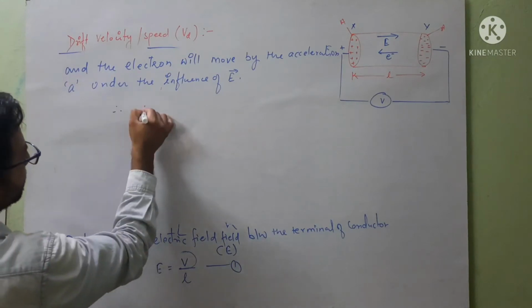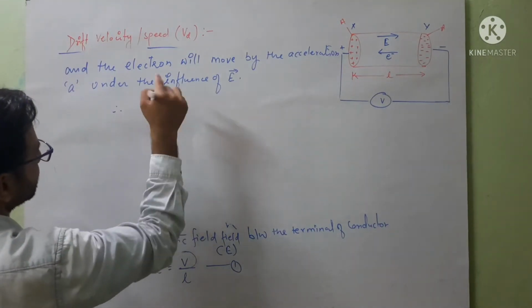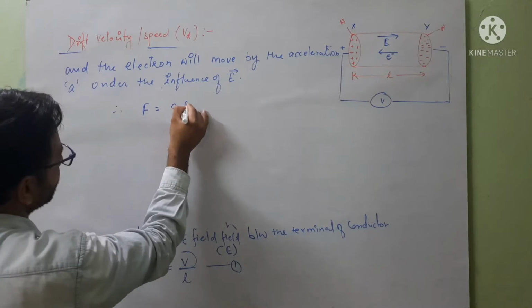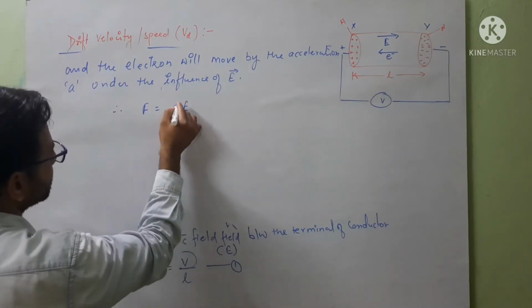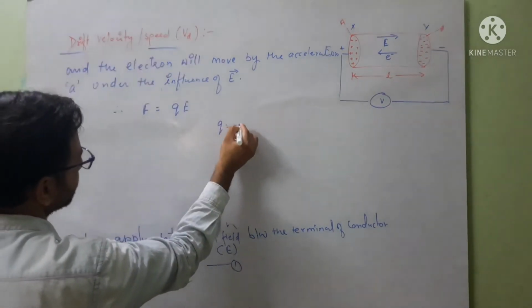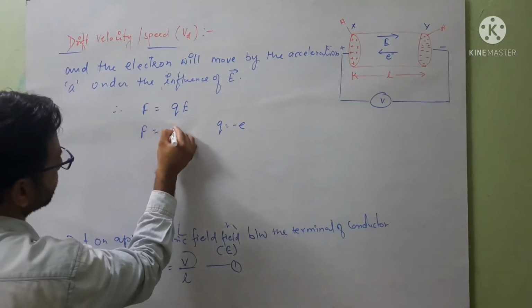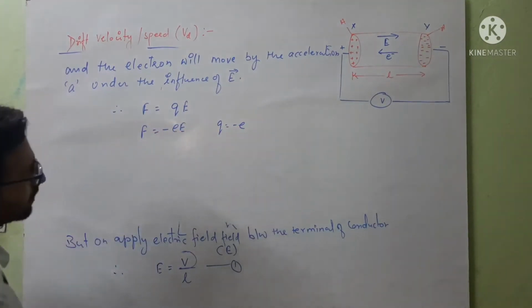So therefore the electrostatic force F is equal to QE. Here the Q is for electron, which is equal to negative of e, so F is equal to negative eE.